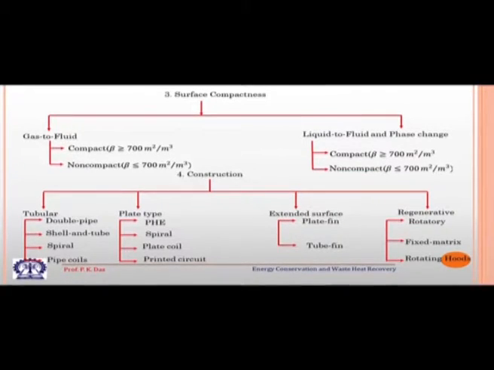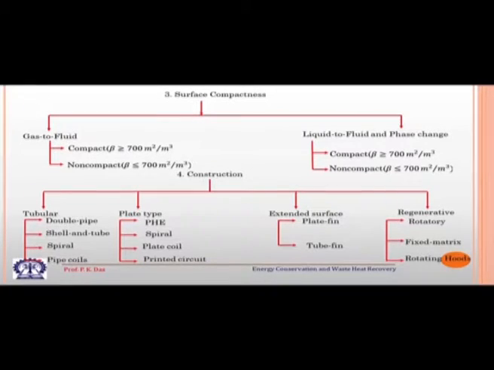This is a loose definition of a compact heat exchanger, but it is widely accepted that when the area to volume ratio is 700 meter square per meter cube, the heat exchanger can be taken as a compact heat exchanger.